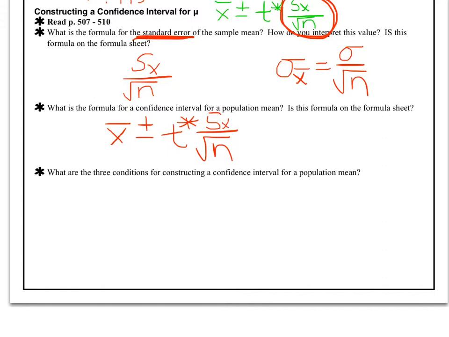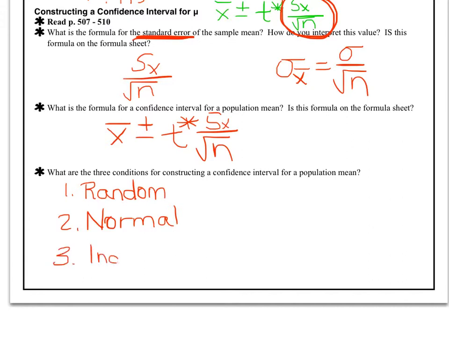So, three conditions for constructing a confidence interval. One, it's got to be random. Two, it's got to be normal. Hopefully these are beginning to look familiar. Three, it's got to be independent. Random and independent we find the same way that we did earlier. If it's random, it's going to say so in the problem, or give you something to go off of.